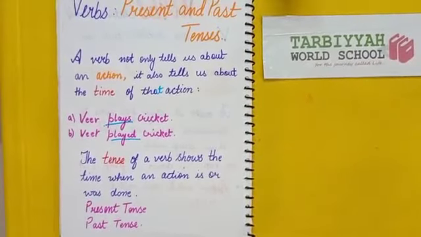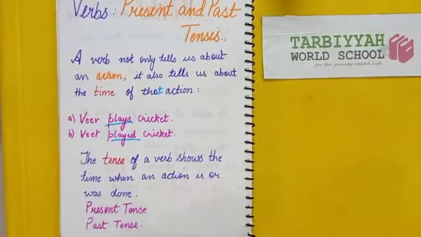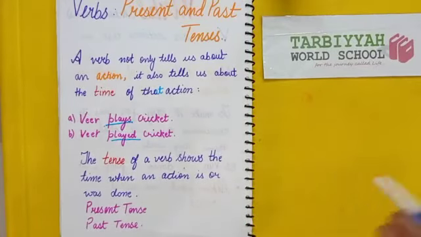Yes, the two forms of the verb play, plays and played, have been used to show two different times, present or past. We say that the word plays is in the present tense, and the verb played is in the past tense.